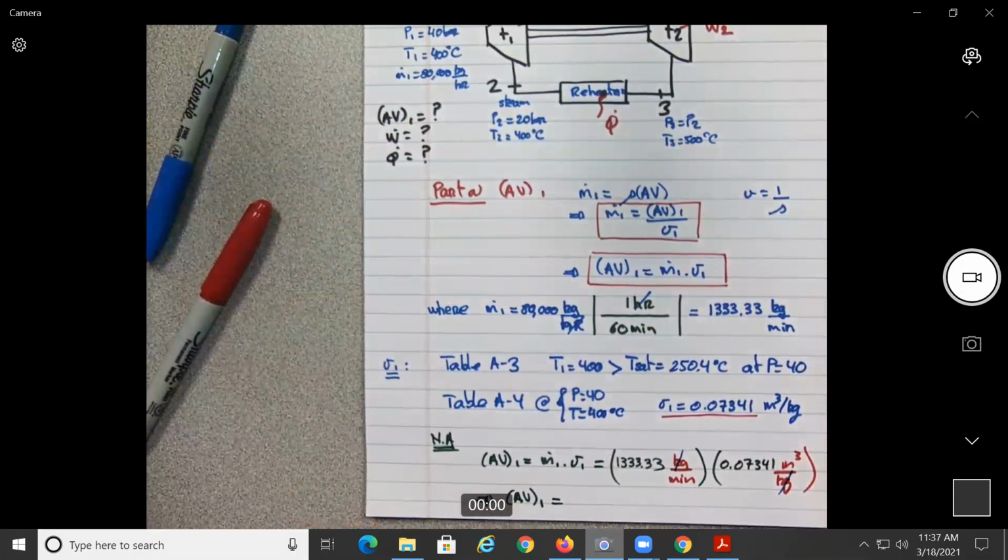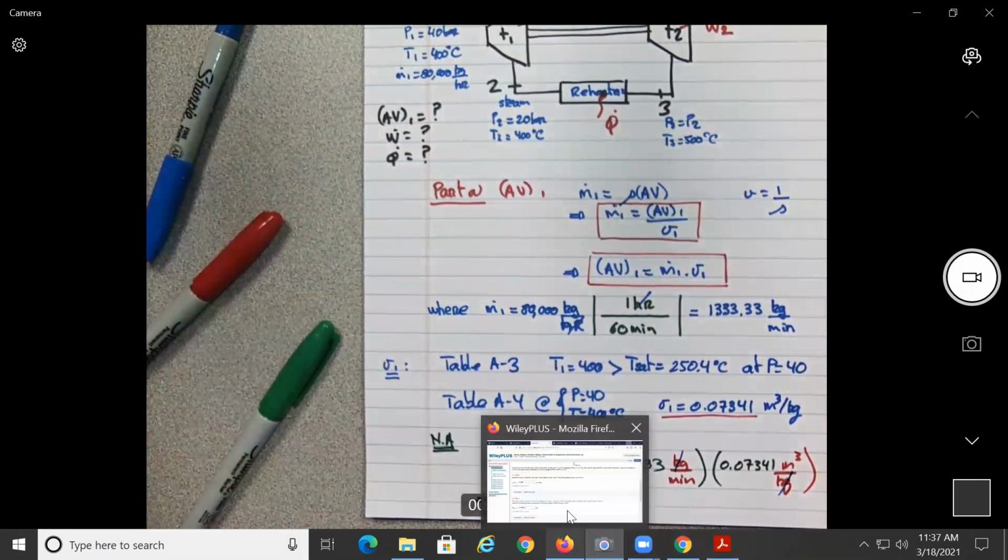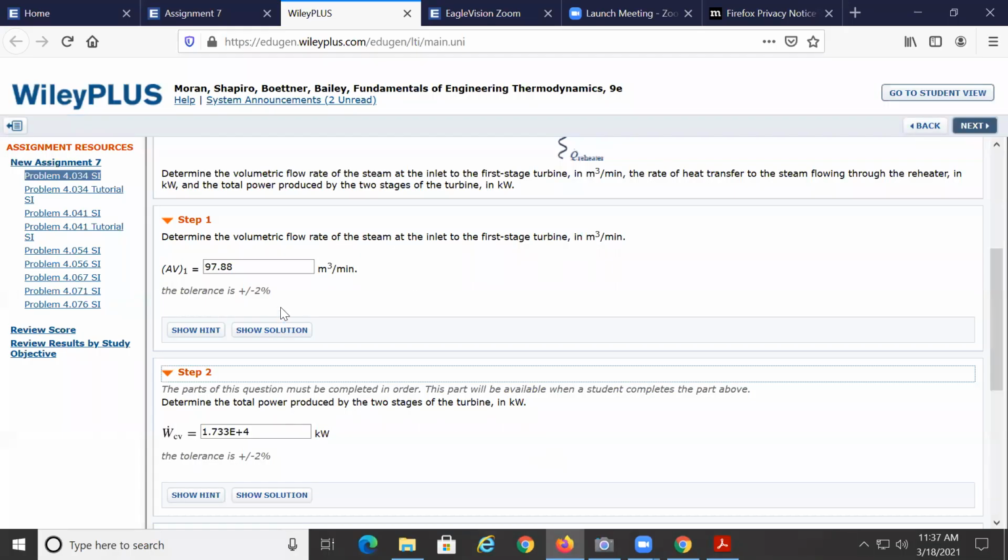So hopefully when you do this calculation, do it again and check, but we should get something close to what? 97.88. Is that what you get or no? Yeah, that's what I got, exactly. Is that what you get doing that calculation? All right.